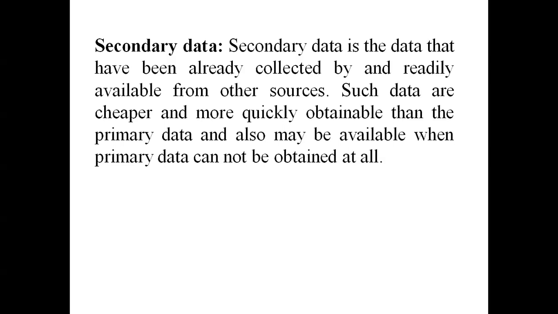It's a data source where somebody has collected this information for some purposes, which is available in various sources. The purpose behind collection of the data may be different, but this data is available in various sources.